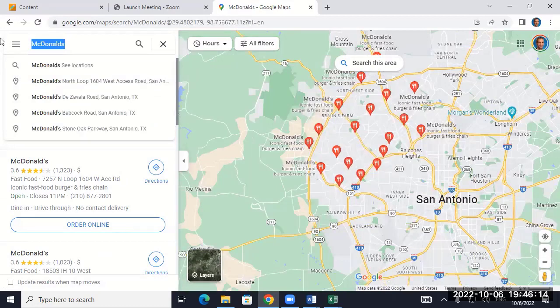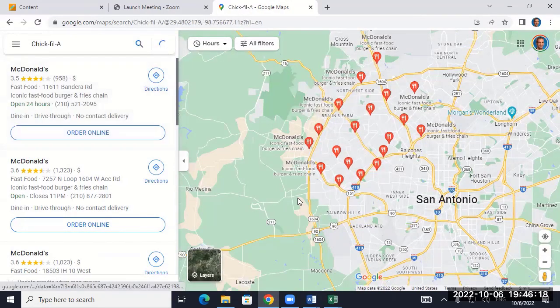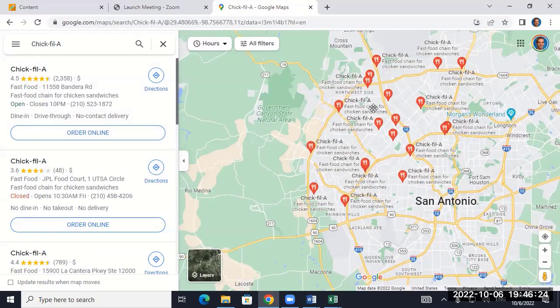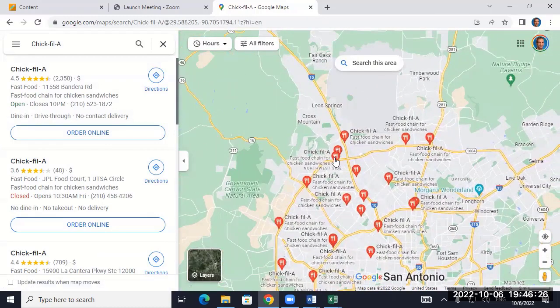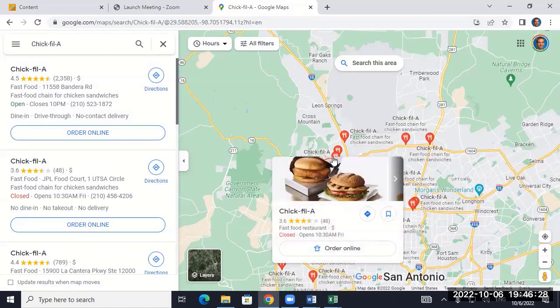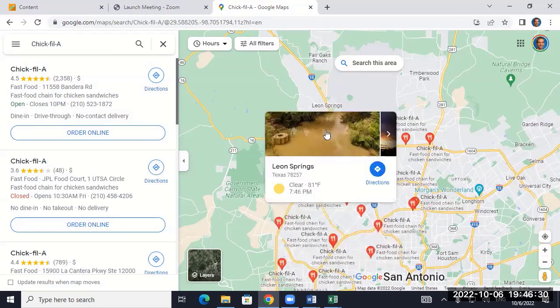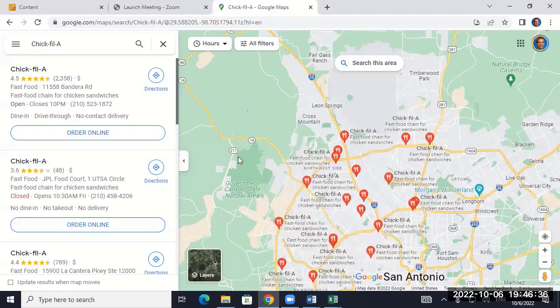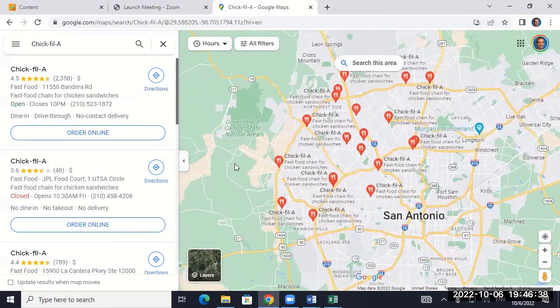I think Chick-fil-A is the pickiest of all. It's really hard to get a franchise Chick-fil-A. Boy, that's a lot more than I thought, but they do have a spacing. I'm surprised by these two, is this right next to us? I don't think the food courts count so much. Is there one across here? Really? Okay. Well, La Cantera doesn't sound like a Chick-fil-A place, but okay.